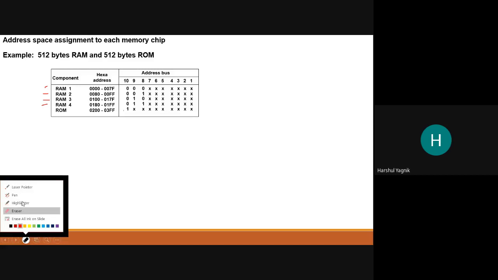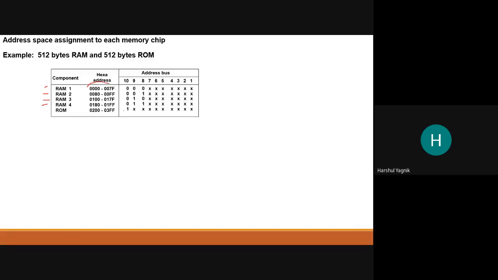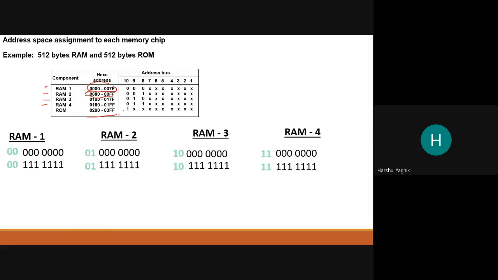In hexadecimal, the top one goes from 0000 to 007F. The second goes from 0080 to 00FF. Then 0100 to 017F, and then 0180 to 01FF. And finally for the ROM, 0200 to 03FF. So these are just ideas of how addresses are considered.